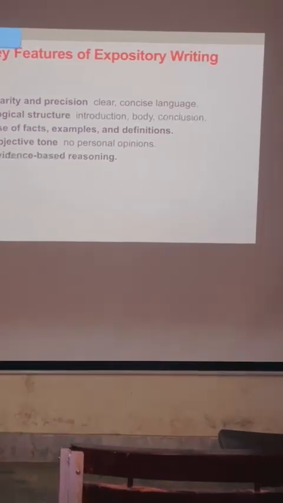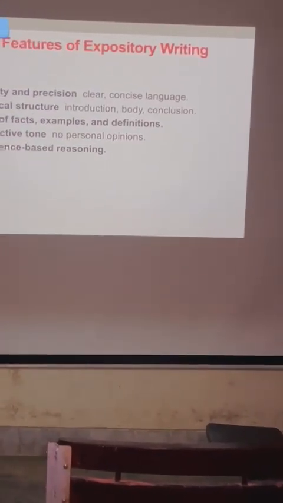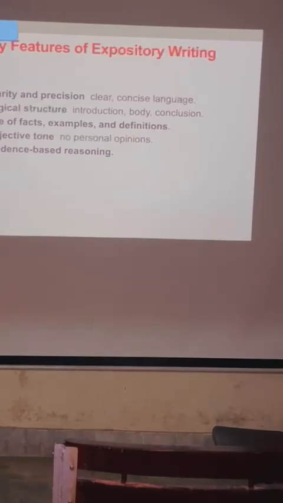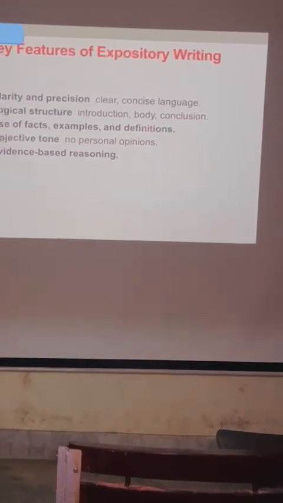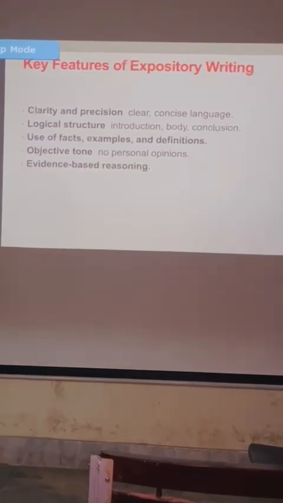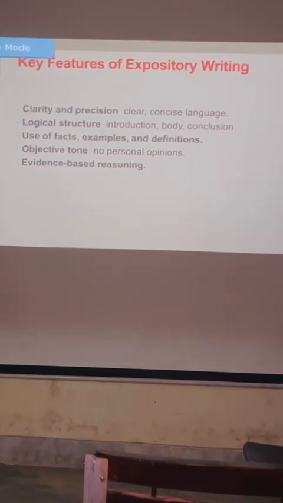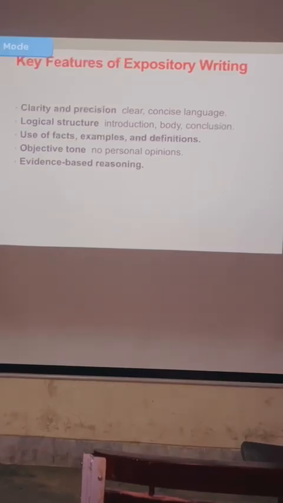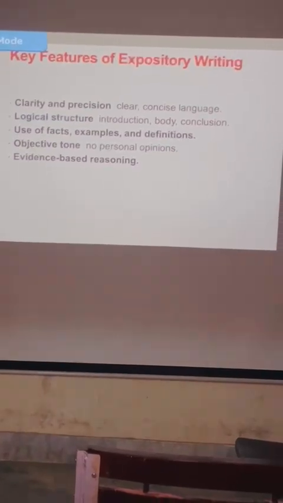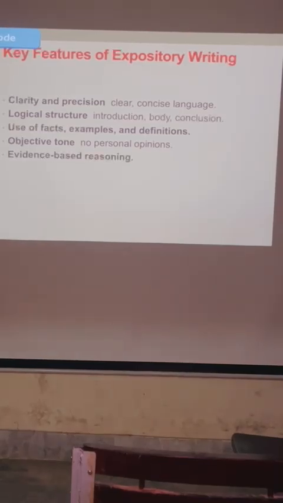Then comes the conclusion. So there will be cohesion and coherence between the introductory paragraph of expository writing, the body and the logical conclusion. We are using facts, examples and definitions in order to elaborate the problem in detail.